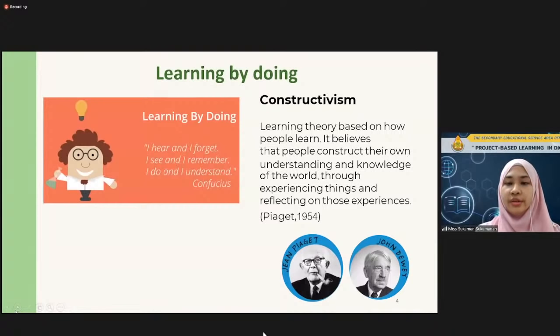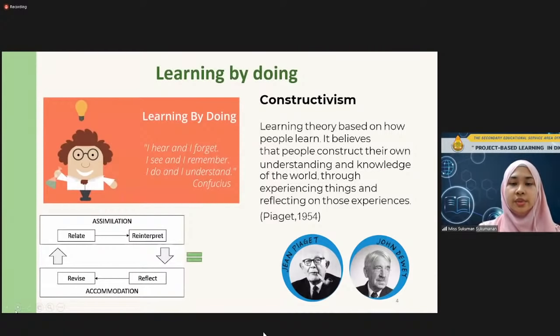These two fathers of constructivism believe that humans can construct their own understanding and knowledge through direct experience of things in the real world, and then they reflect on that experience into understanding. This is from Piaget in 1954.